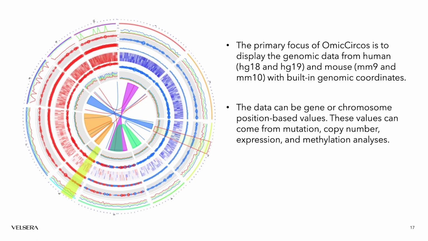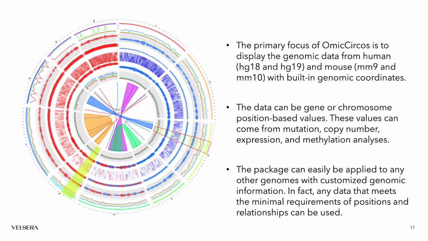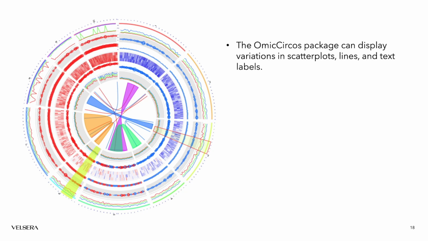These values can come from mutation, copy number, expression, and methylation analyses. The package can easily be applied to any other genomes with customized genomic information. In fact, any data that meets the minimal requirements of positions and relationships can be used.